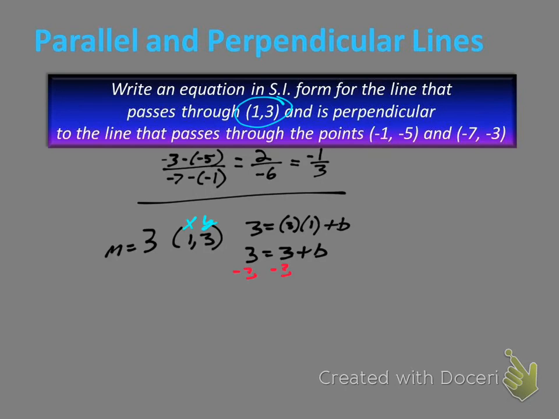Subtract 3 from both sides. B equals 0. Is that okay?